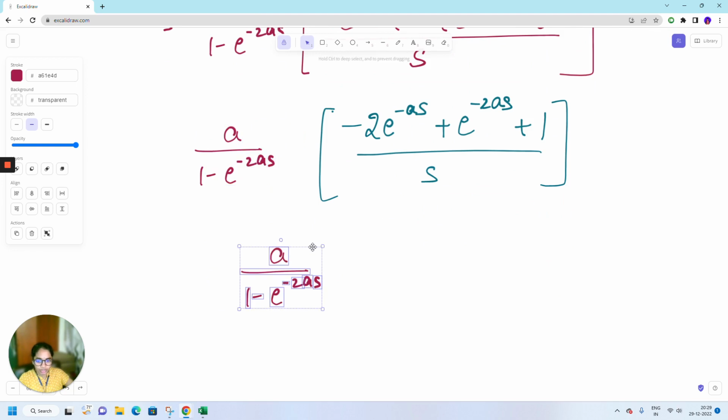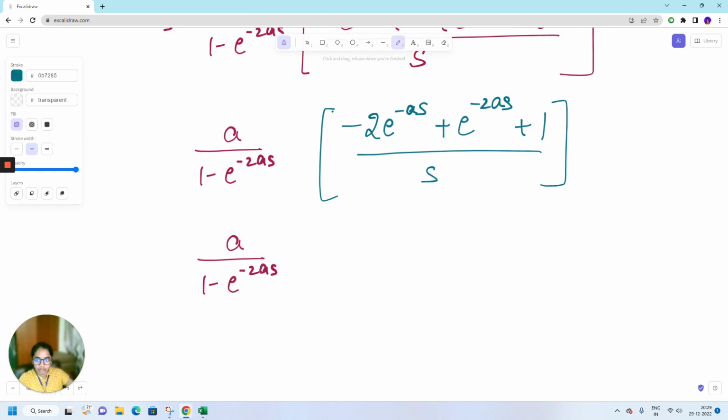What next? What should we do? In the last problem, what did we do? Can I write e power minus 2as as e power minus as the whole square? First let me just replace it something like this. It is commutative, right?